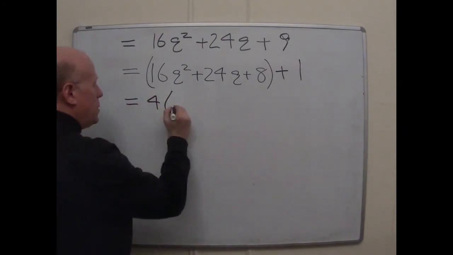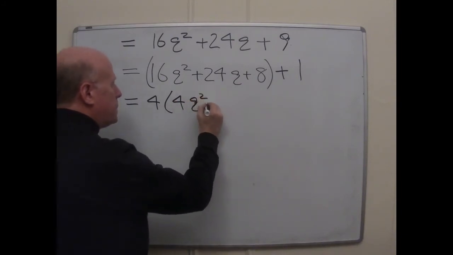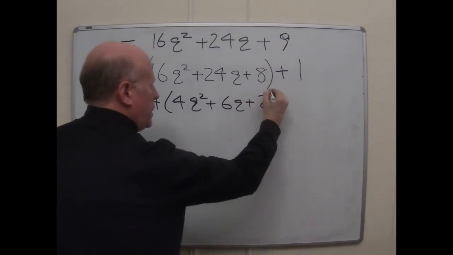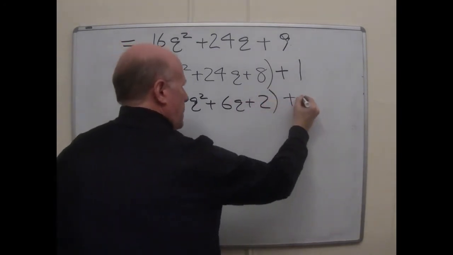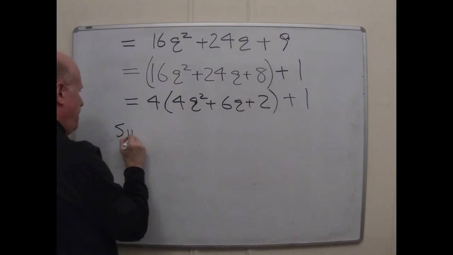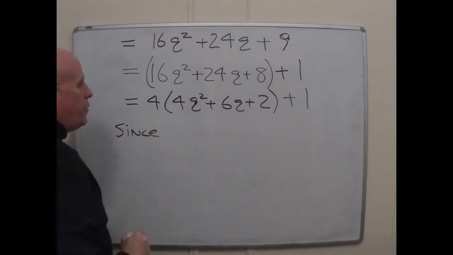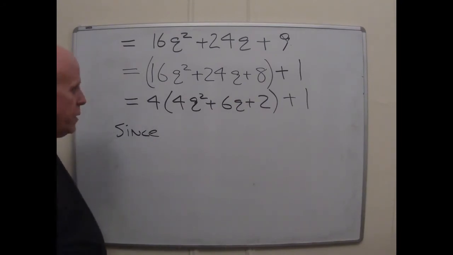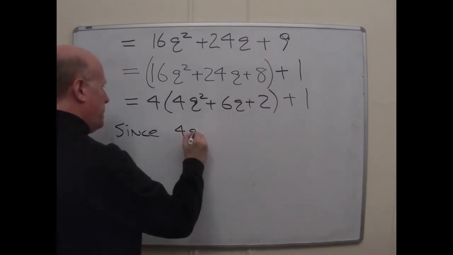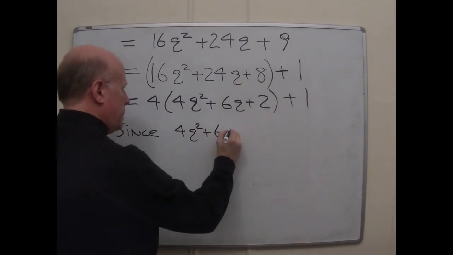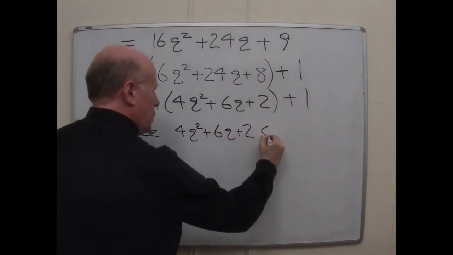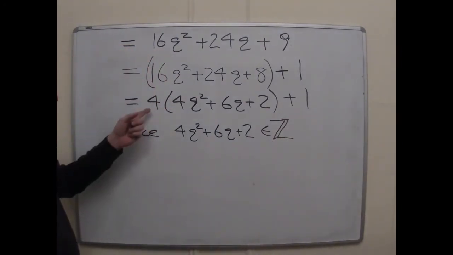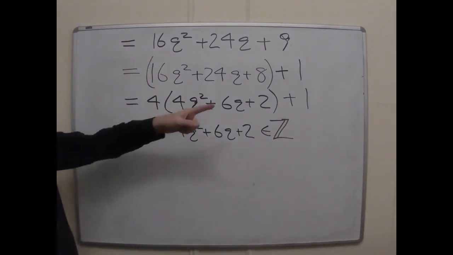So it's 4 times an integer. That'll be 4q squared plus 6q and a 2 on the end after we pull the 4 out, plus 1. Now, since this 4q squared plus 6q plus 2 is a sum of products of integers, it's an integer. So that thing's an integer, and what does that tell us by the quotient remainder theorem? x squared mod 4 is 1.